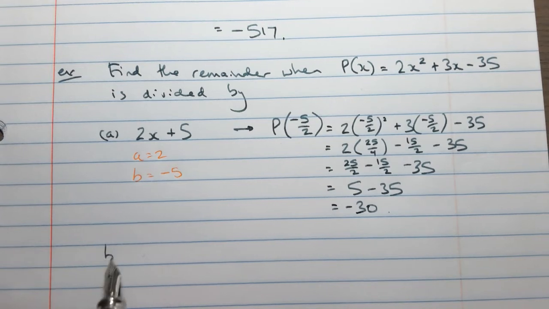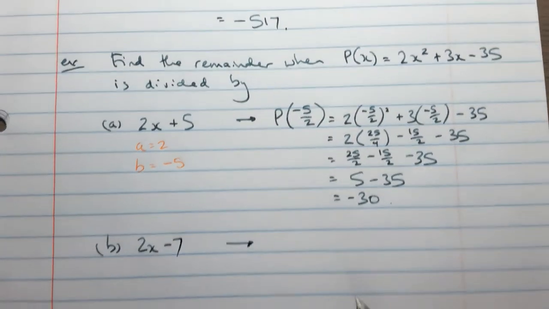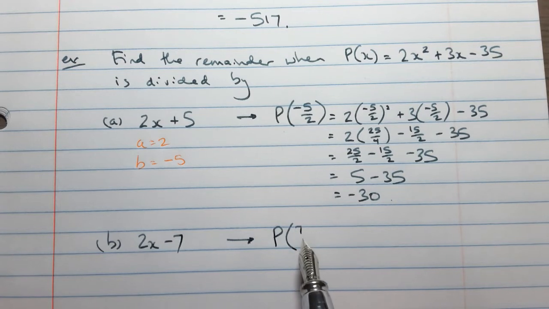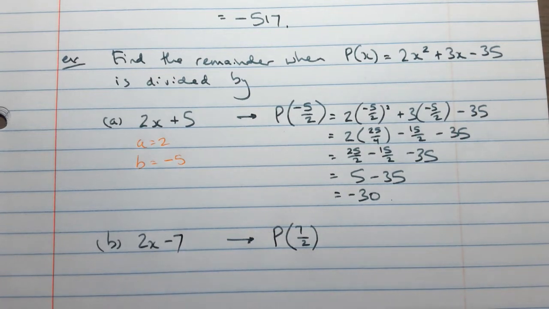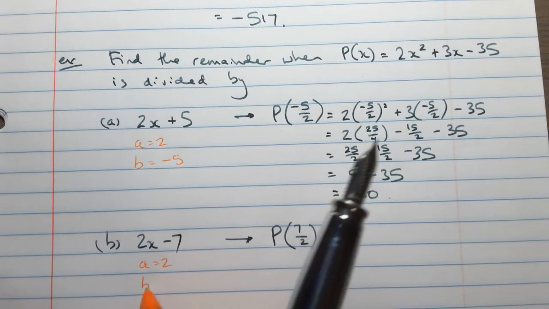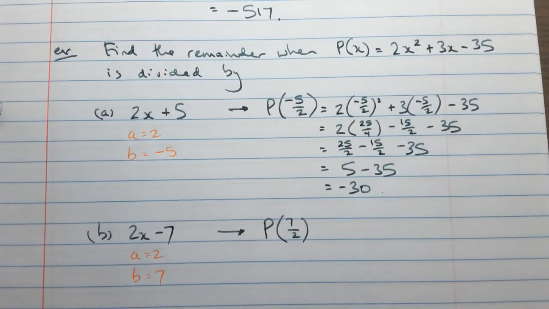Alright, second part. How about 2x minus 7? So a little bit different this time. We're finding p at positive 7 halves. That's a negative there, so we have ax minus b. A is 2, and b is 7. And it's positive that time.